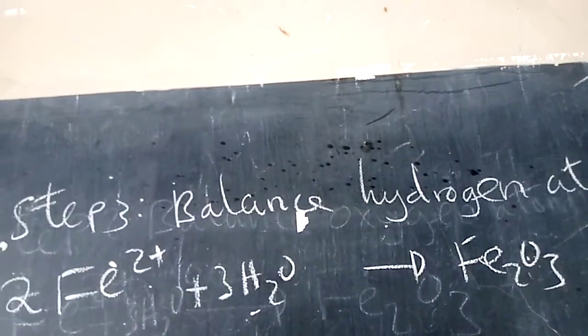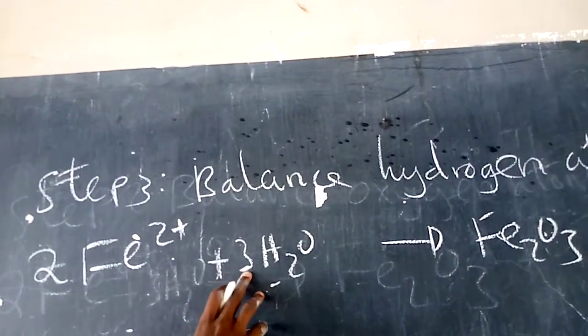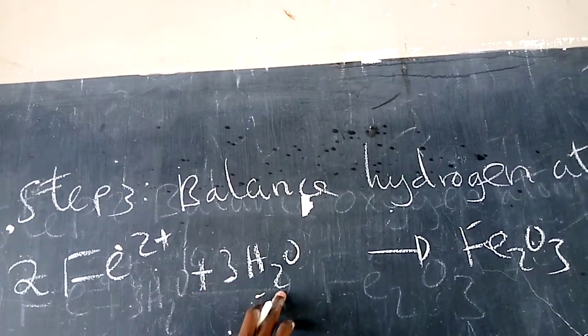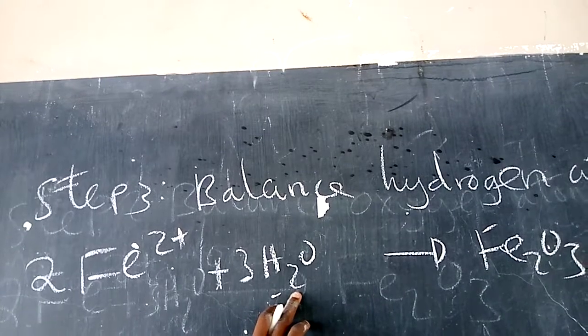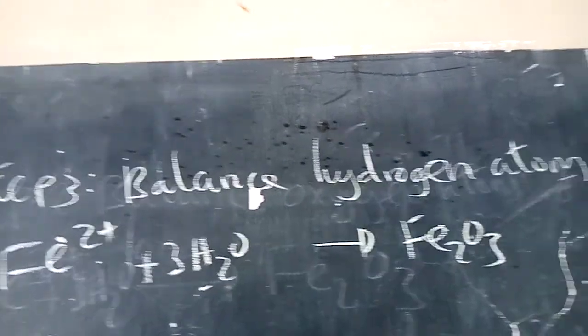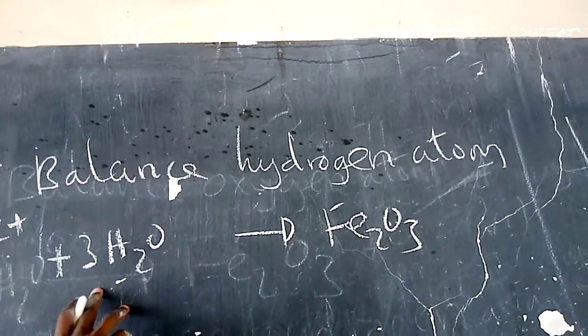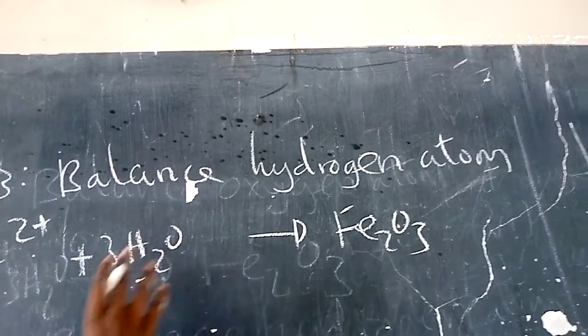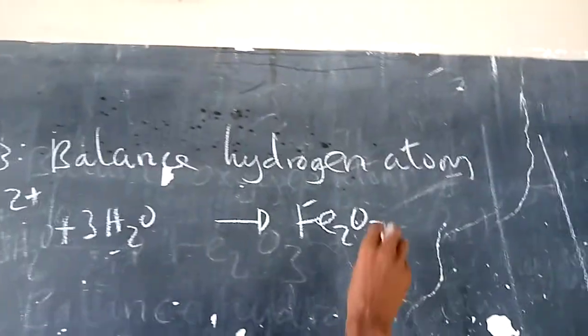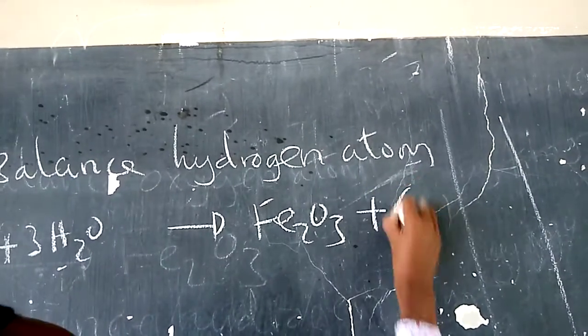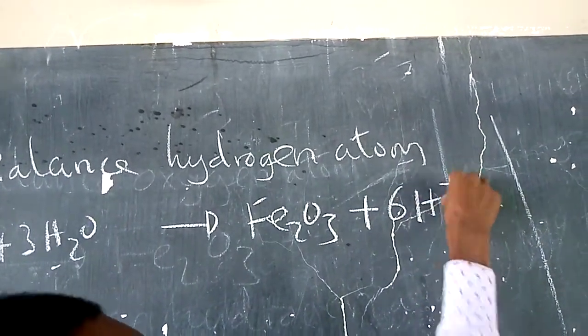Now when you look here, we have 3 times 2, 6 hydrogen in the reactant side, and there is no hydrogen in the product side. So to balance, we have to add 6 hydrogen in the product side so that we can balance hydrogen. It will be adding 6 H+ protons in the product side.